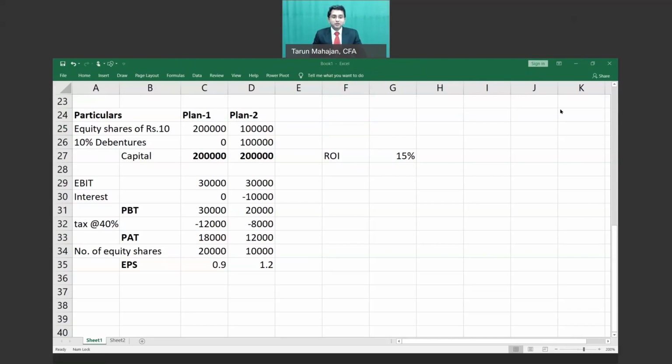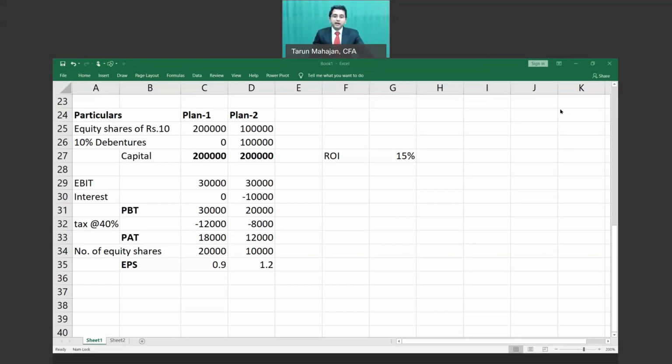Wealth maximization is the objective of financial management. And wealth means the market value. If the market price of your company's share rises, it means that your wealth is actually rising. And what is wealth? Wealth is market value.